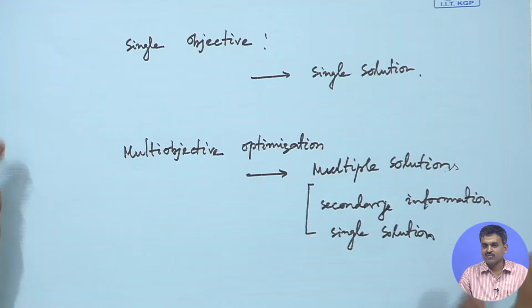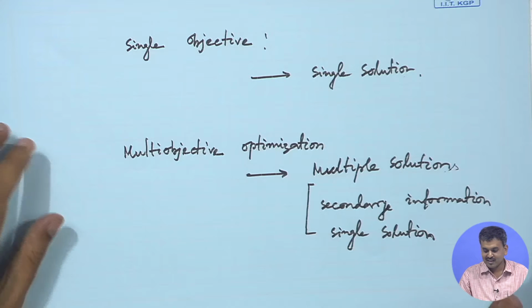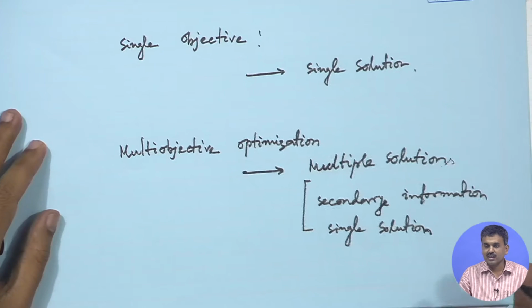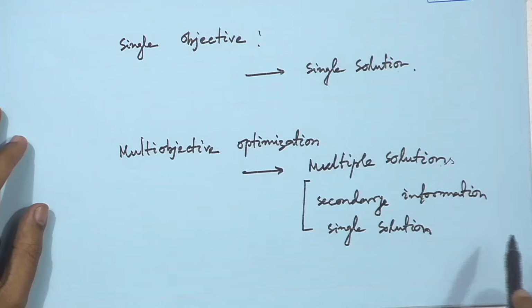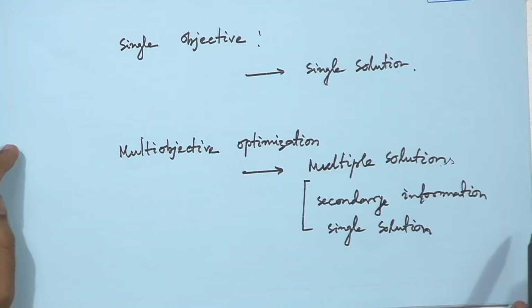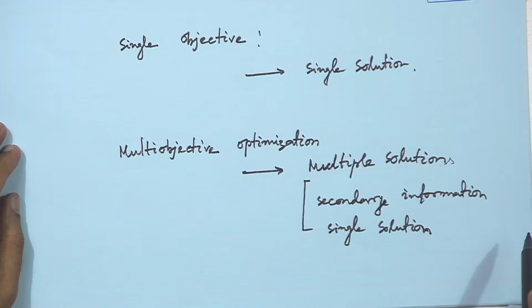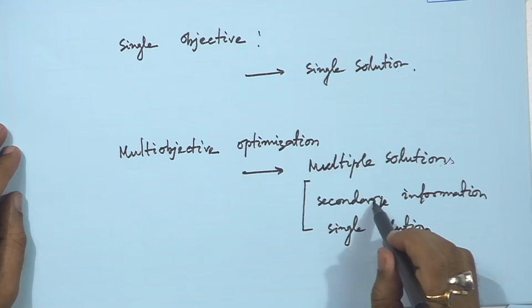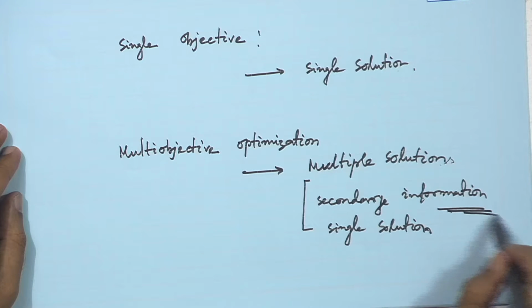So, what is the use of this multiple objective optimization? That you can get multiple solutions, but based on the field situation, or technical feasibility, you can choose a particular solution and you can implement that in the field. So, you need secondary information for this process.